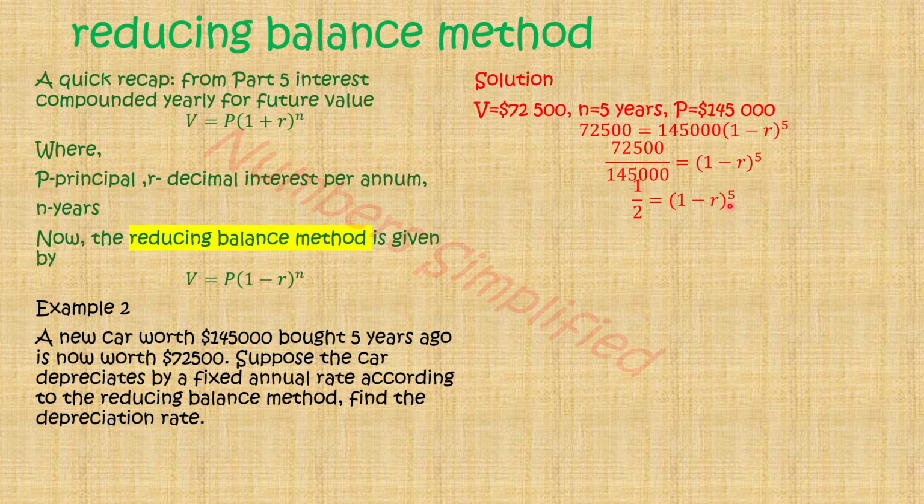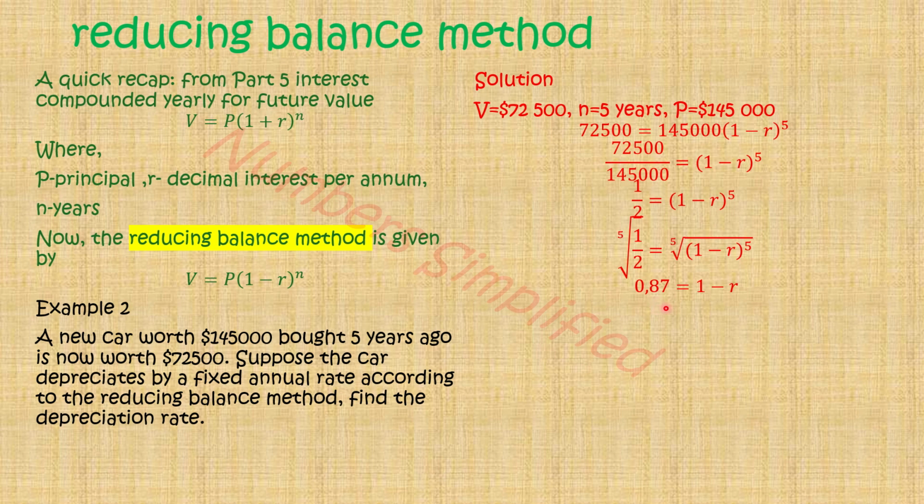So the next thing, because we're trying to make R the subject of the formula, or rather solve for R, we are going to remove the power. 5 is the power, so we introduce the fifth root on both sides. On the left hand side, when we simplify that further, we are going to get 0.87.